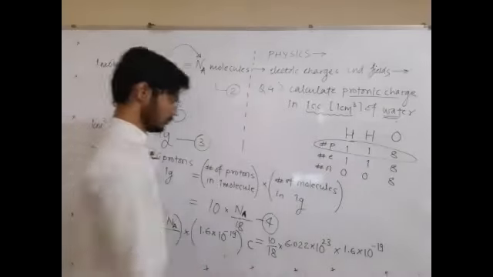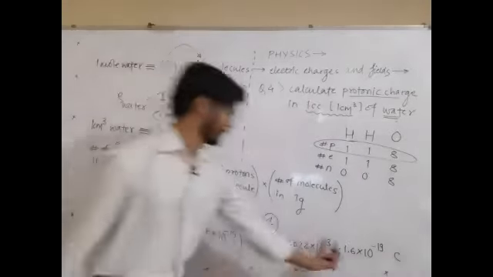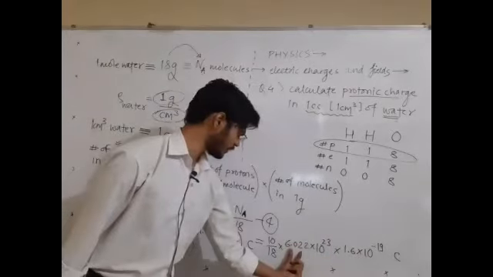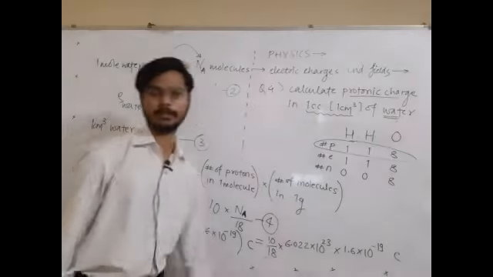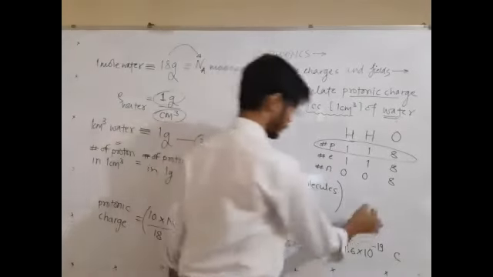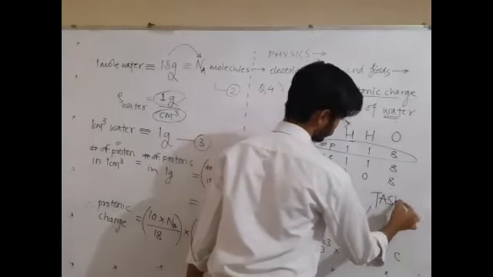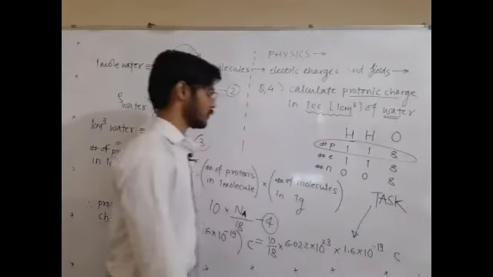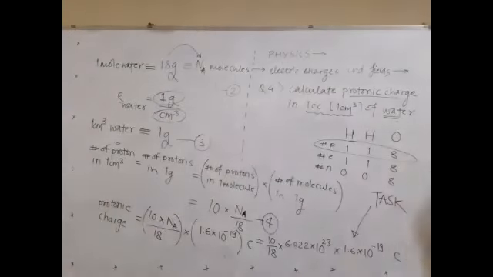So this much calculation you have to do. Multiplying by 1.6, not a big deal. Multiplying by 10, not a big deal. Divide by 18, again not a big deal. This is your task today. Do the calculation and send it on the group, one single page photo.